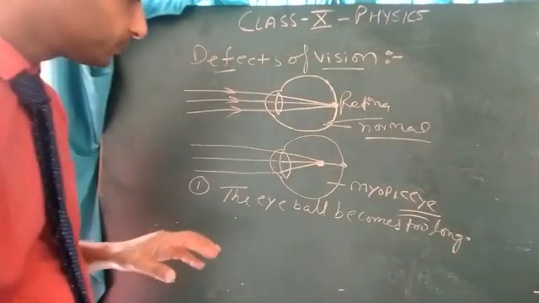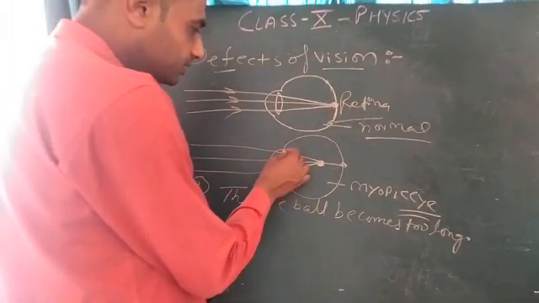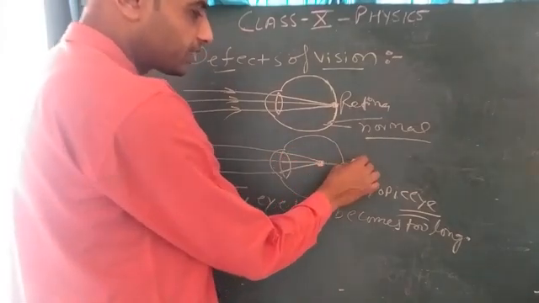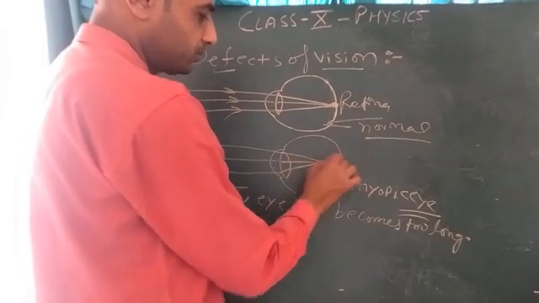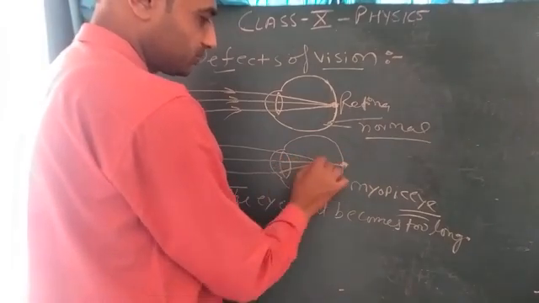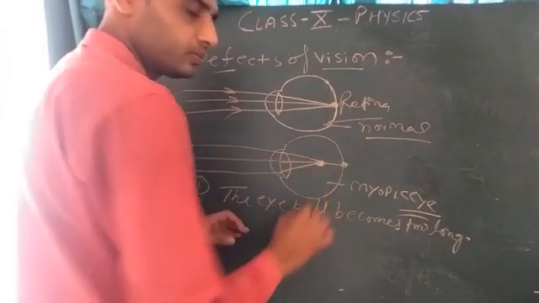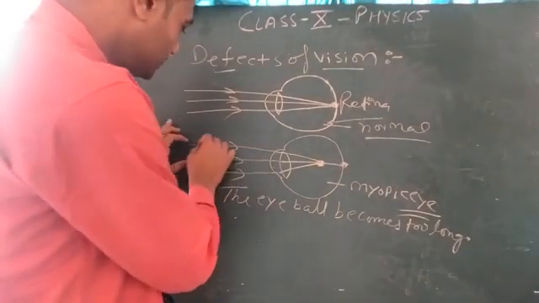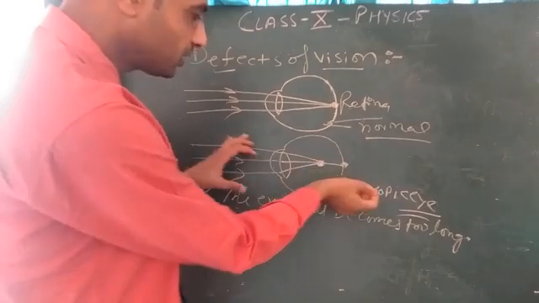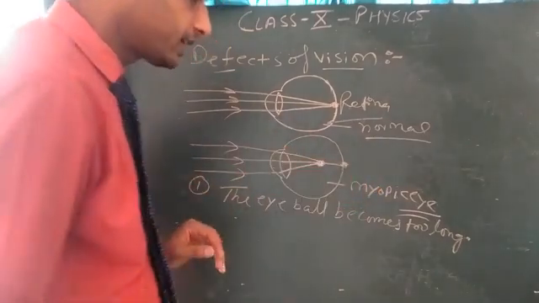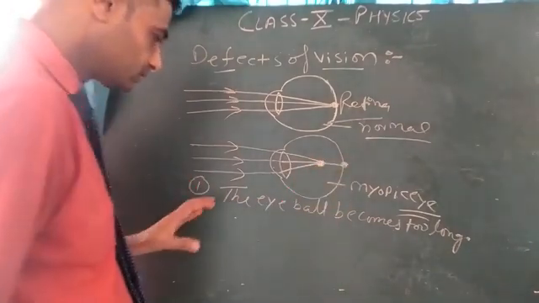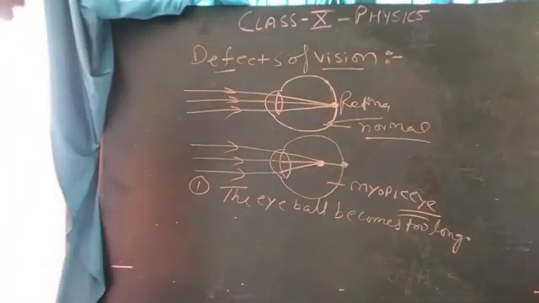It means the distance between the lens and the retina becomes too long. These rays of light are focused just before the retina. Okay, so that is the first reason.